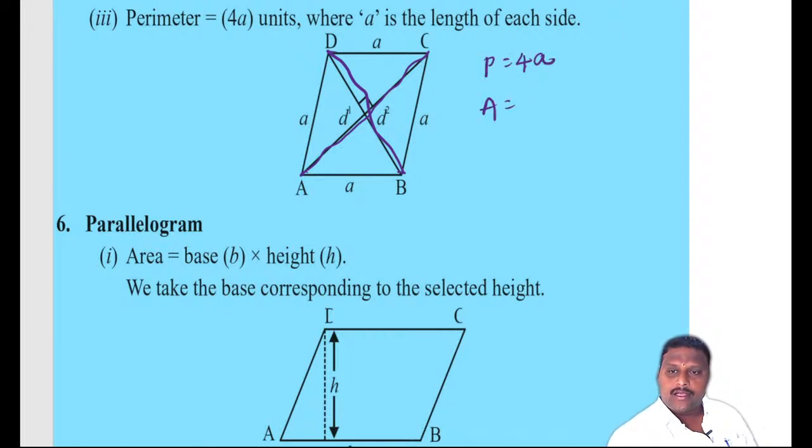Area is equal to half d1 into d2. So what is the difference between the square and the rhombus? A rhombus has unequal diagonals, but when it comes to a square, the diagonals are equal.